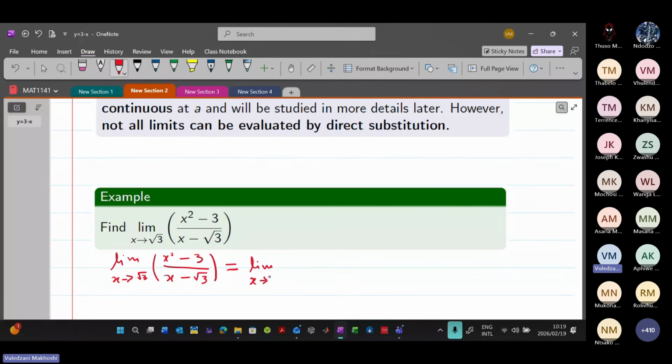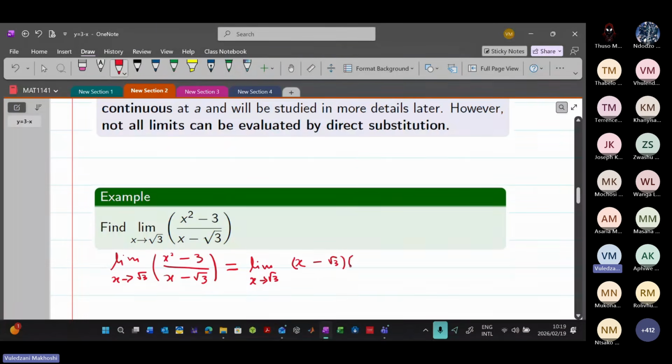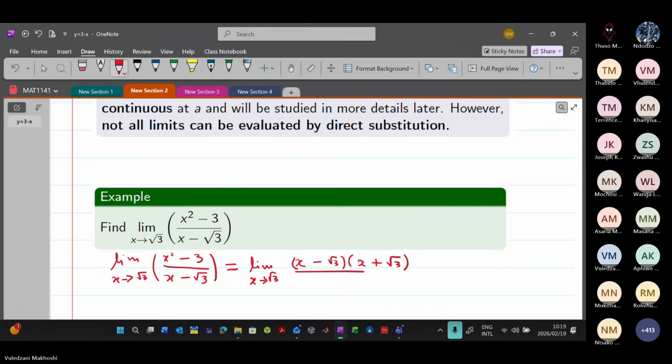Then we are looking for another function equivalent to this one. If we factorize the numerator, we have x minus square root of 3, this is difference of two squares, times x plus square root of 3, divided by x minus square root of 3. Then we can see that this and that will cancel out.